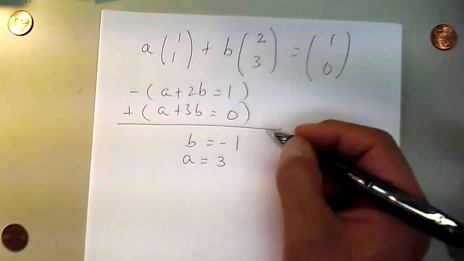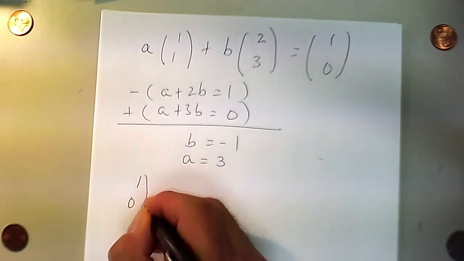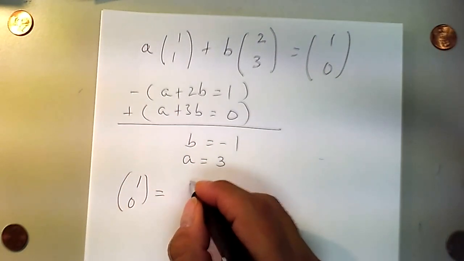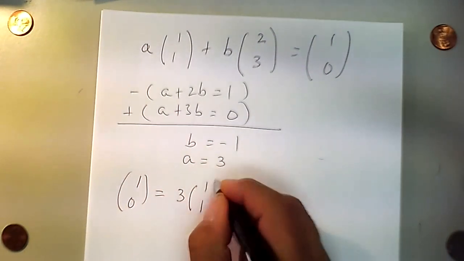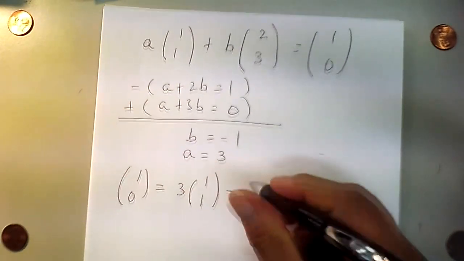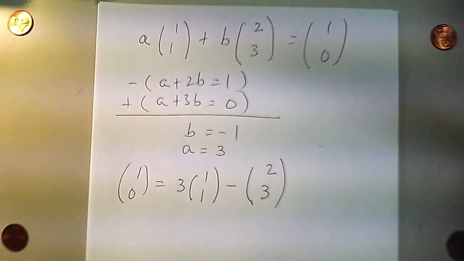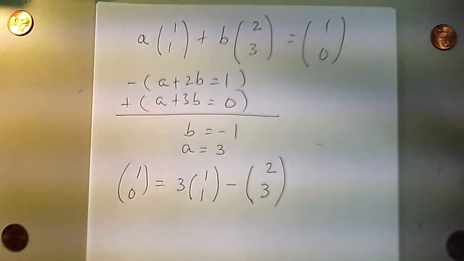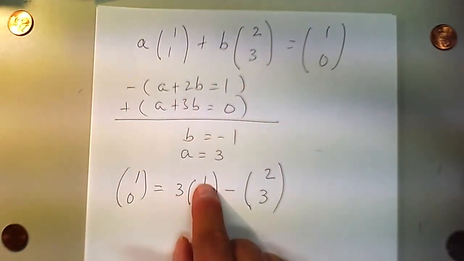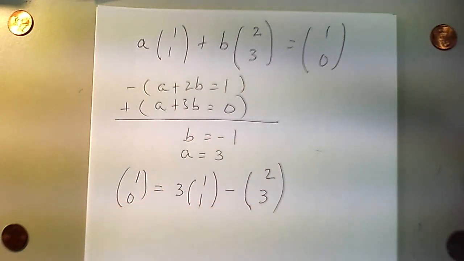So what we know is that (1, 0) may be written as 3 times (1, 1) minus (2, 3). We can check: 3 minus 2 is 1, 3 minus 3 is 0.